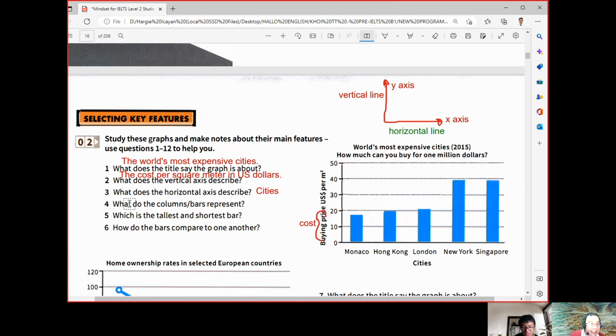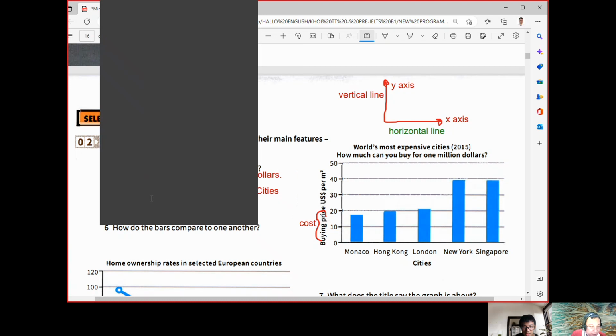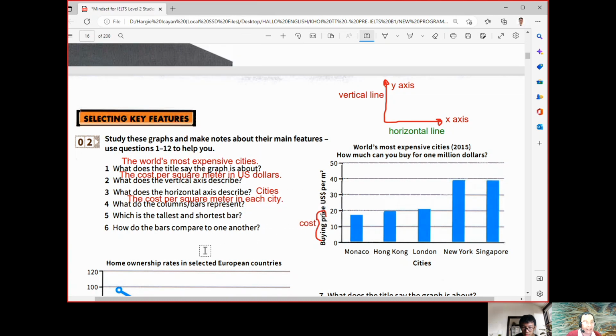So the answer for this is the costs per square meter of each city. Okay. In each city. So that would be the answer.